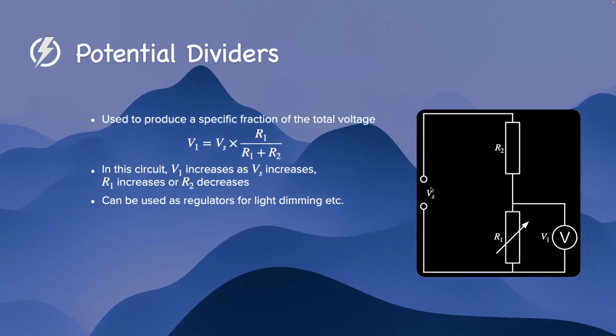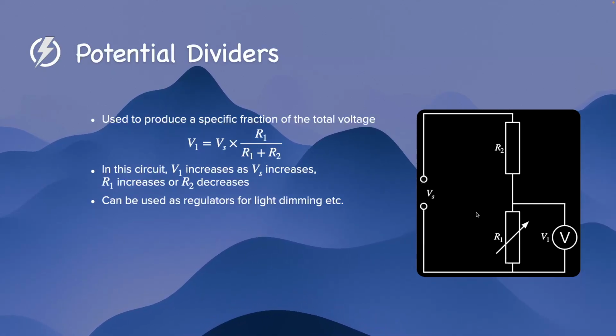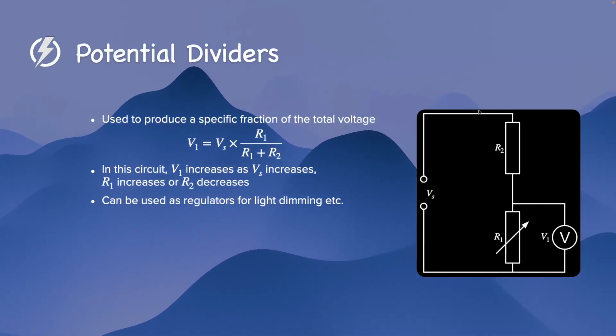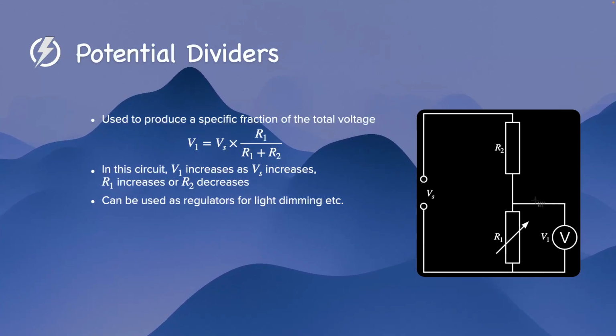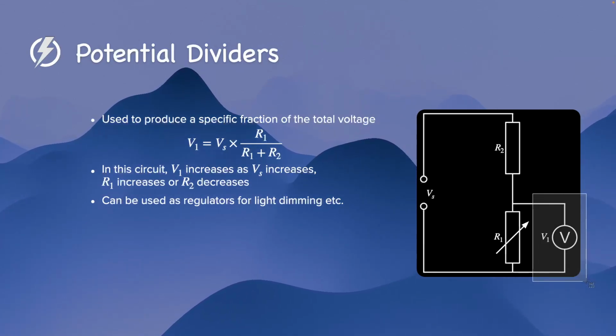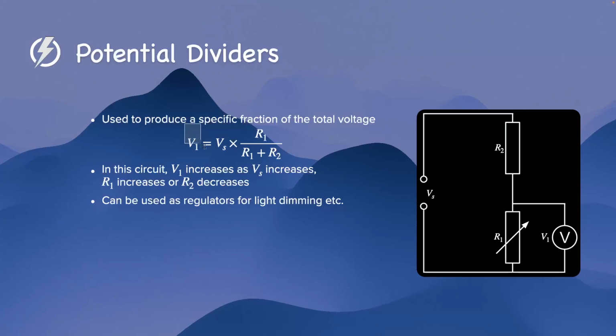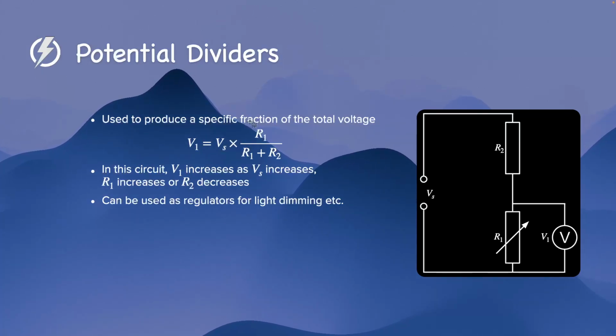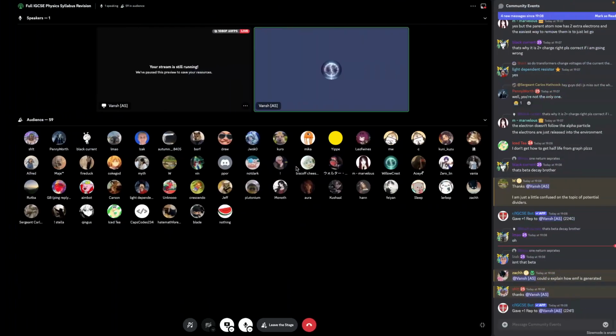So for example, if you have a 12-volt power supply, you could use a 1 ohm resistor here and a 3 ohm resistor here to get 3 volts here. So that would be because 3 is equal to 12 into 1 upon 4. That's how you calculate it.